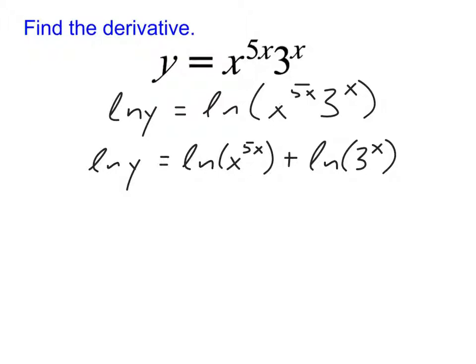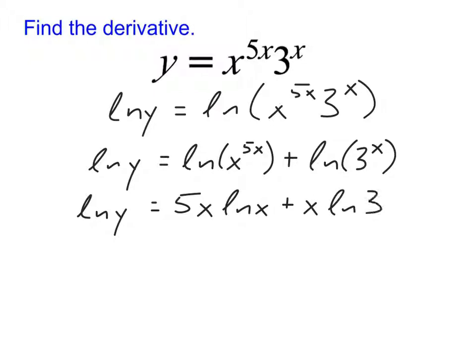By doing that, I've now made it into something that's much more workable. Now, again, we can go ahead and pull out those exponents. So it's going to be the natural log of y equals 5x natural log of x plus, I'll go ahead and do it here as well, x ln 3.